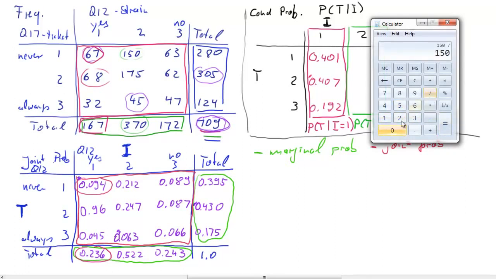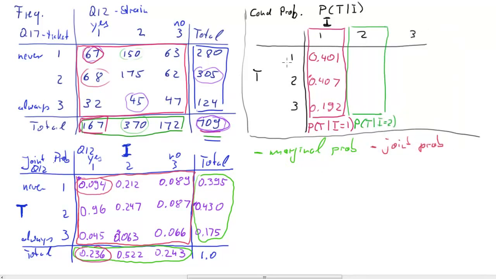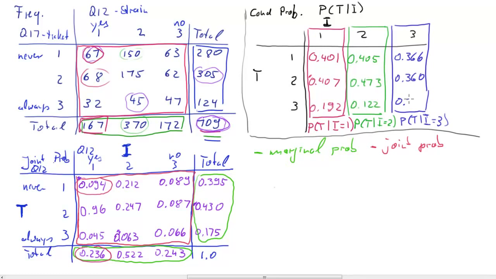So we get 150 divided by 370 for the probability for t equals 1. We get 0.405. So let me enter that, 0.405, and we can complete the tables. And actually we can complete both, also the one for conditioning on I equals 3, and these are all three conditional probability distributions next to each other.